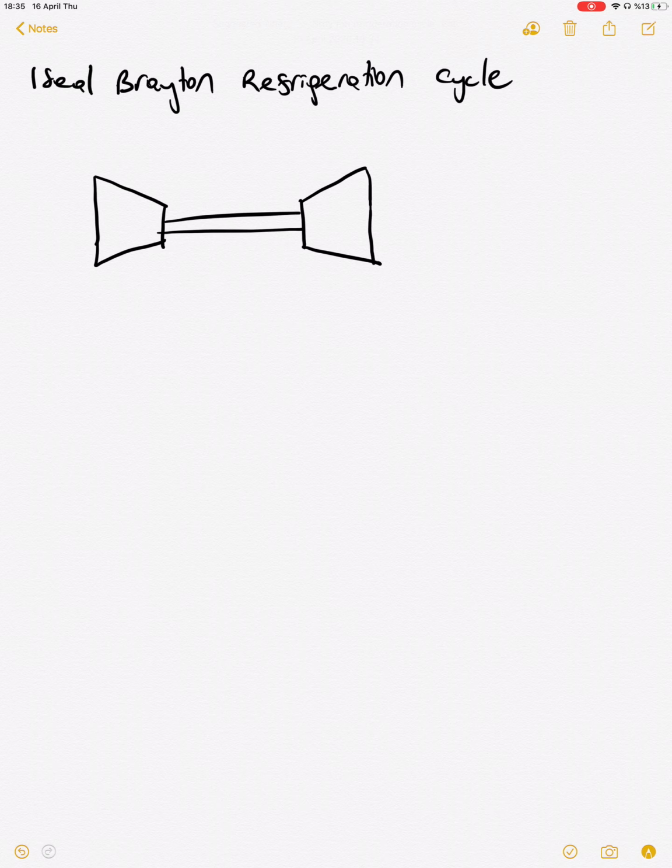Okay, so this cycle, as you can see in our PowerPoint document that we loaded, consists of, instead of a throttling valve, a turbine driving the compressor, and we have two heat exchangers here. This is a heat exchanger, and this is another heat exchanger.